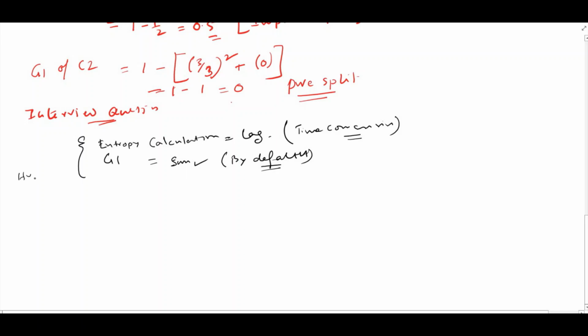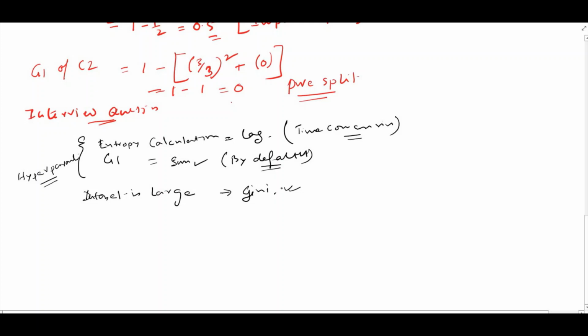You can use these two as a hyperparameter and find out which is the best. But in general, if you have a large dataset, then Gini performs better compared to entropy. Okay, that's a high level understanding.